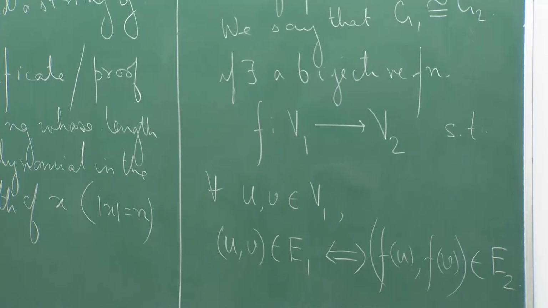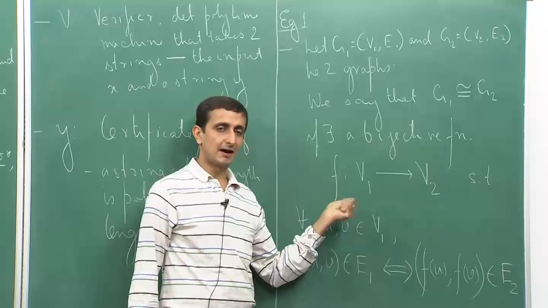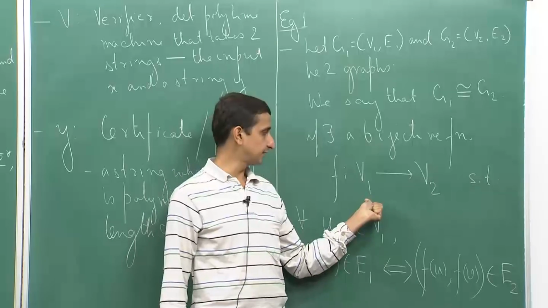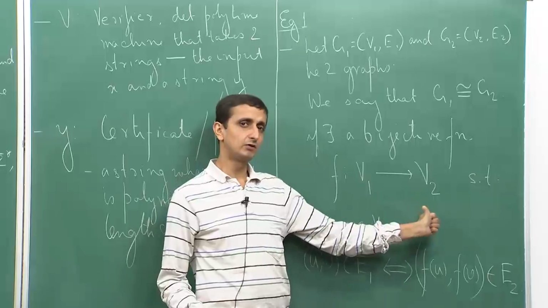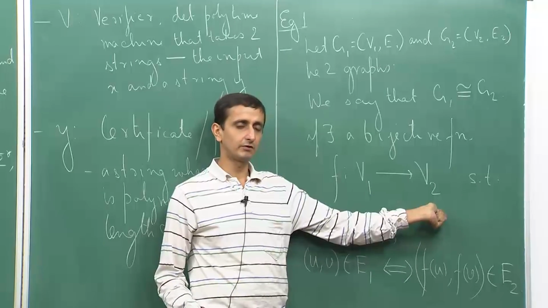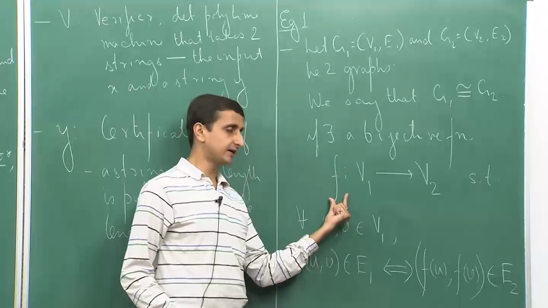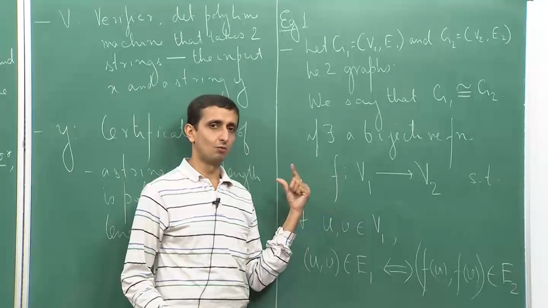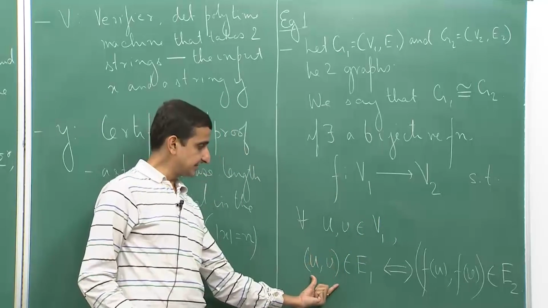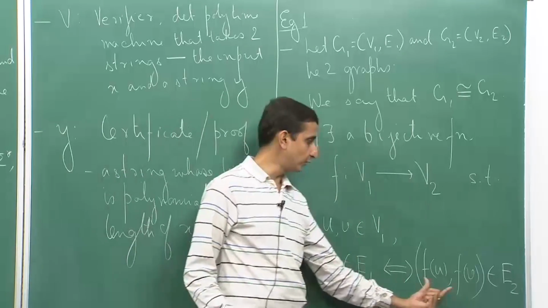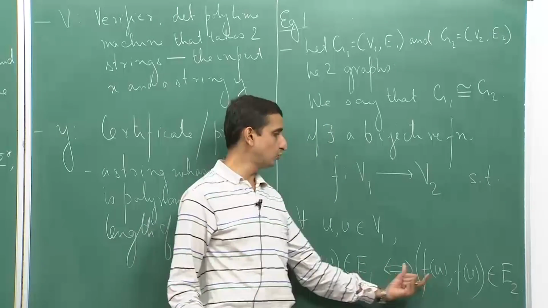Basically what this definition says is that there is some bijective mapping from the vertex set of G1 to the vertex set of G2. Importantly it is a bijective function, that means it is one to one and onto, such that edges are mapped to edges and non-edges are mapped to non-edges.